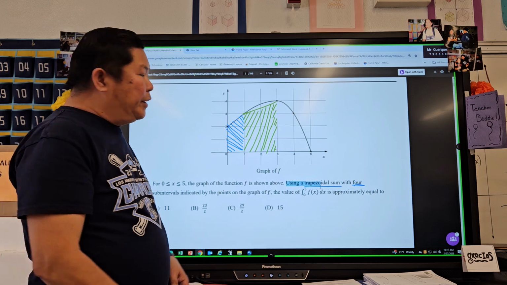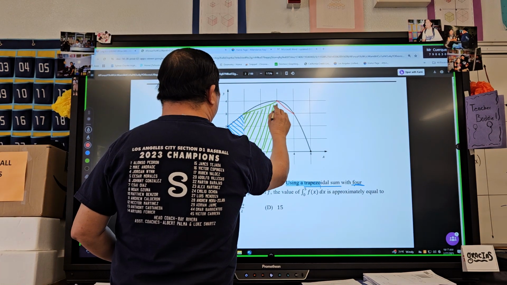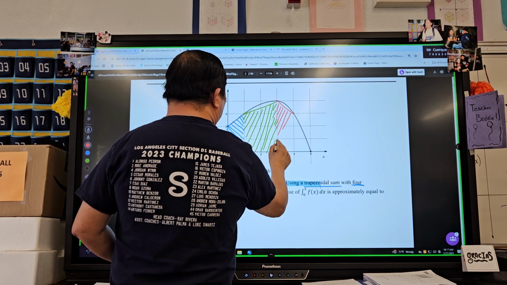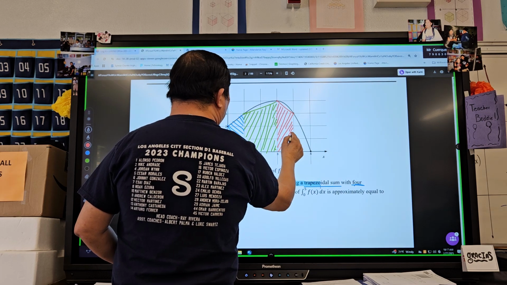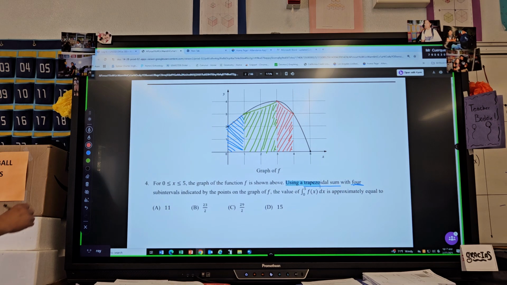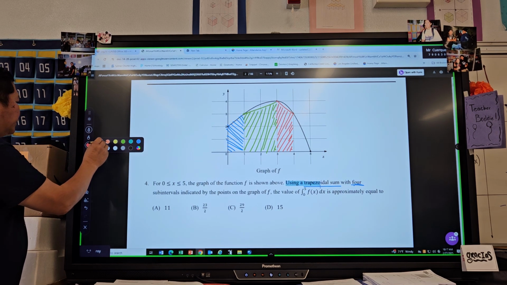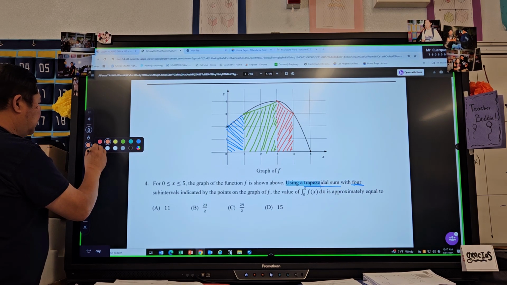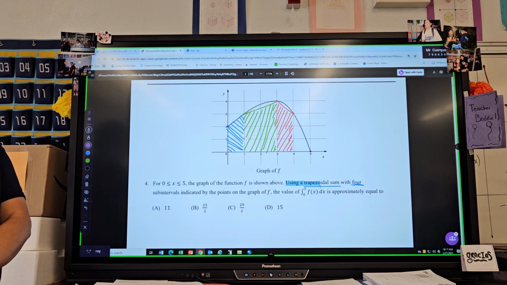From 3 to 4. So you're gonna connect the 2 points. Just connect it. And we do the fourth trapezoid, which is the interval from 4 to 5.